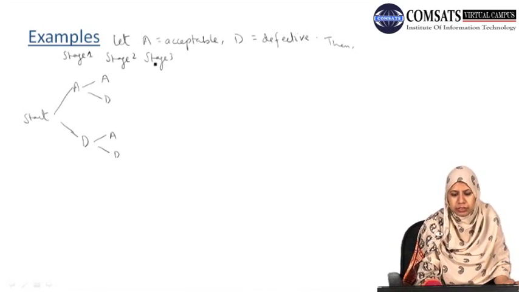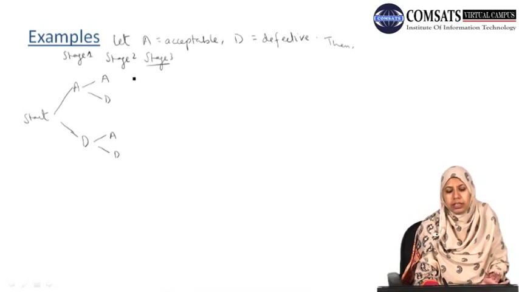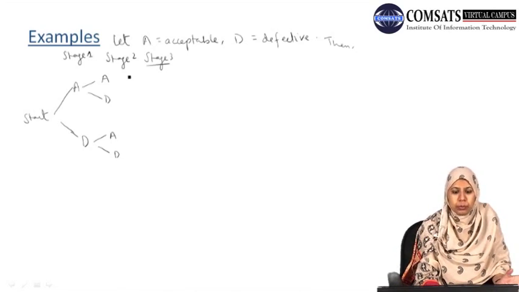Then we go to stage 3, that is the third part. In this case again we have 2 options for that part, either acceptable or defective, and the same with all of the rest.